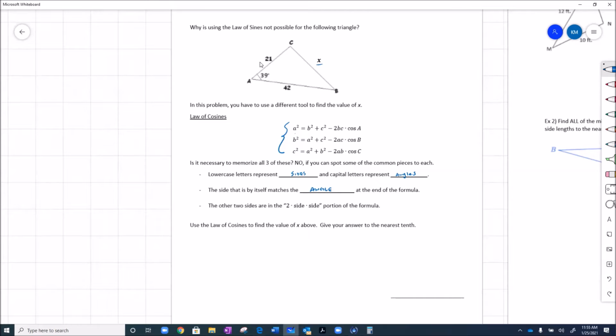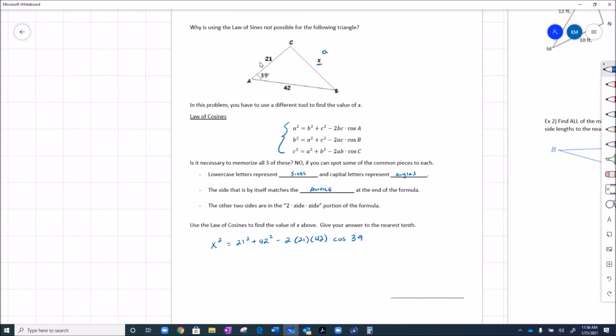Remember, in our formula, that's the side A. So how we would set this up is we'd say x squared equals 21 squared plus 42 squared minus 2 times 21 times 42 times cosine 39. And that's just plugging in our values there.